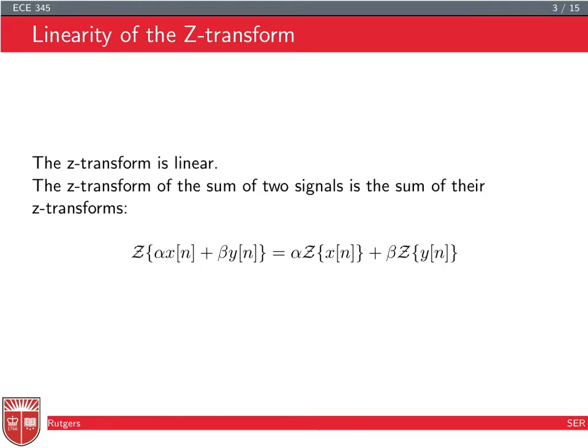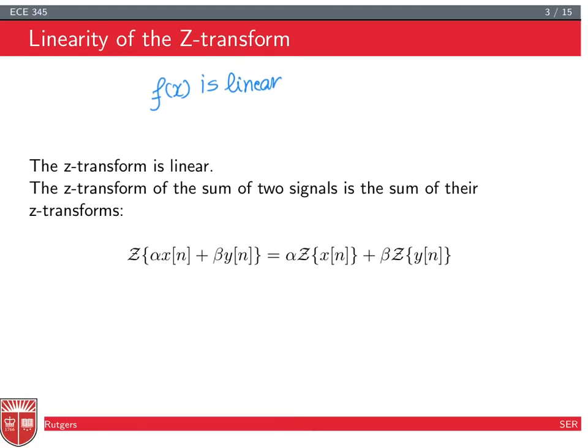Like I mentioned, the Z-transform is a linear function. In general, we say that a function f of x is linear if f of ax plus by is equal to a times f of x plus b times f of y.